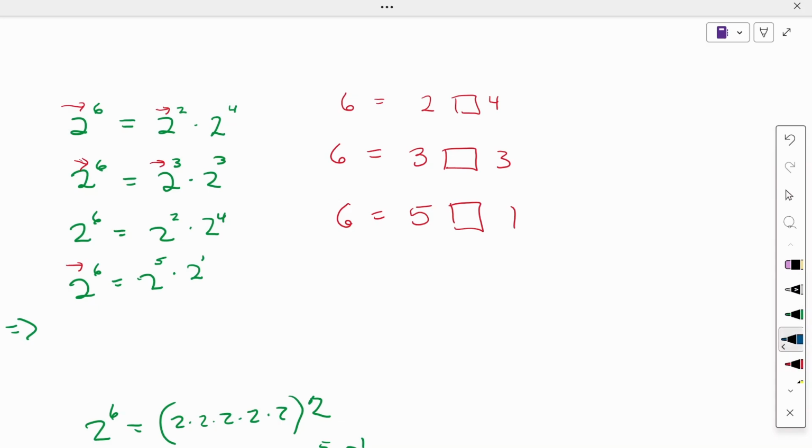And I ask myself, what could this relationship be? What goes in the box? How can I relate 2 and 4 to 6, 3 and 3 to 6, 5 and 1 to 6, if I was to just consider the basic operations of addition, subtraction, multiplication, and division? And right off the bat, a lot of students are going to recognize that this is indeed an additive relationship.